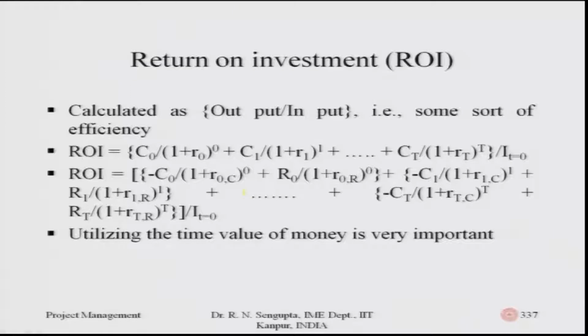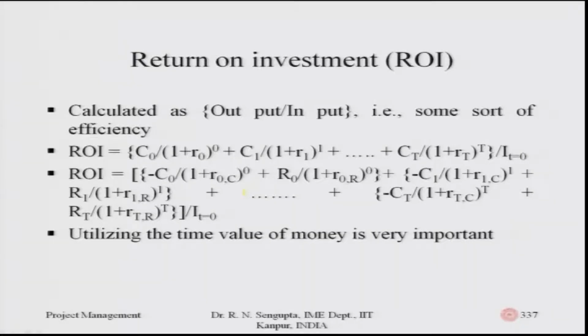Technically, return on investment means basically some sort of efficiency calculation, which is given by the ratio of output by input. So, what is my output divided by the total quantum of input would give me the ratio, which is the efficiency.